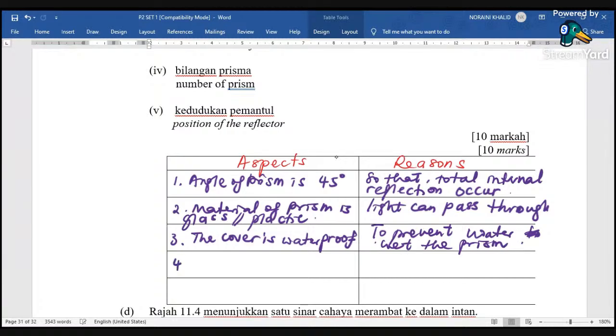Okay, or number of prisms more than 1. So you can have repeated total internal reflection.